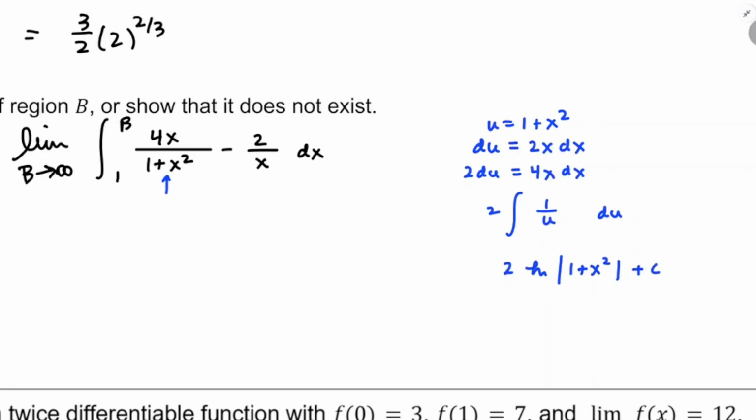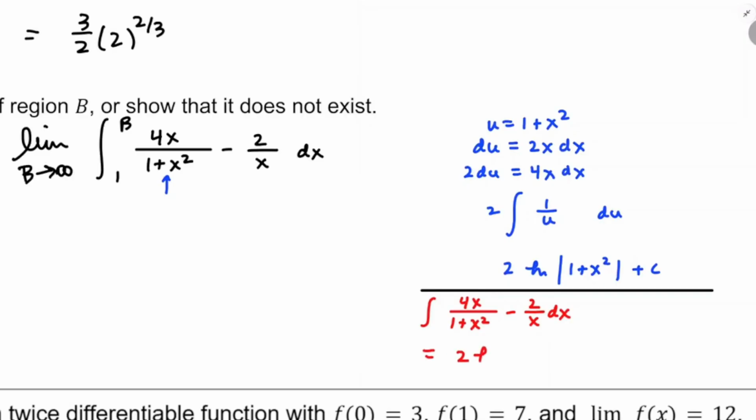Alright, so let's see, when I anti-differentiate that, okay, yeah, so now I'm going to break out there and say that the antiderivative of 4x over 1 plus x squared minus 2 over x is going to be 2 log 1 plus x squared minus 2 log x plus c.